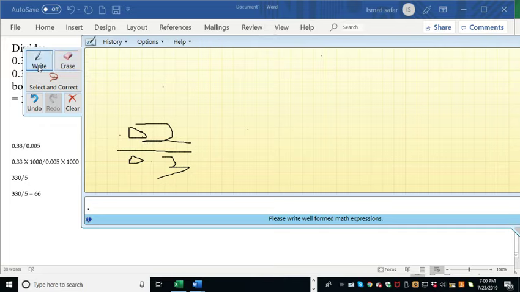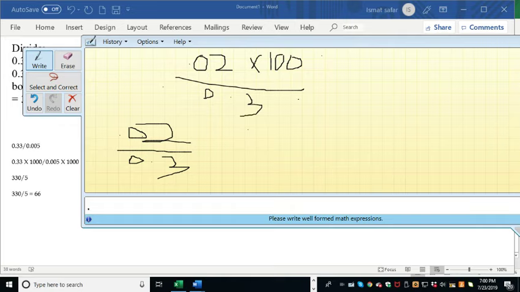First step is we multiply 0.02 times 100, divided by 0.3, also times 100. I will tell you why 100 in one second.